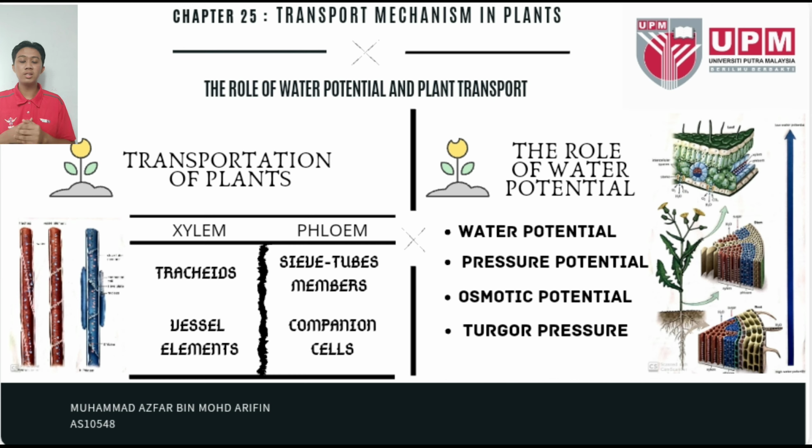The osmotic potential is the effect of solute on the movement of water. This is because water tends to move across a membrane from an area of lower solute concentration to an area of higher solute concentration. As a result, the lower the concentration of solute, the higher the water potential.